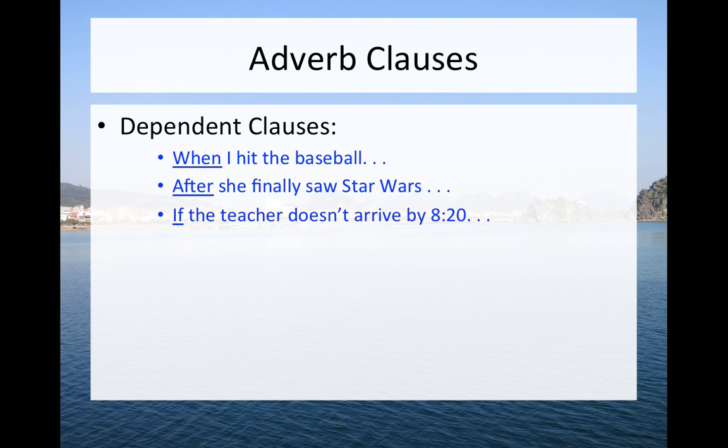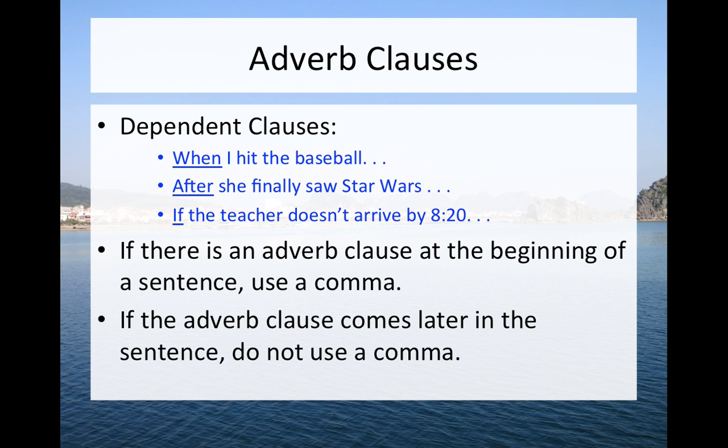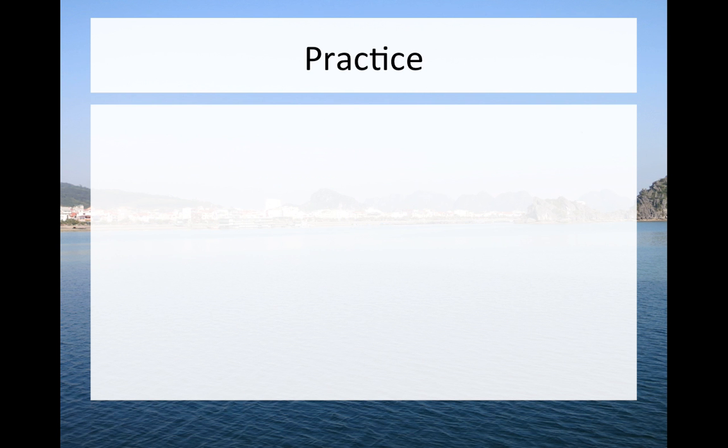Again, dependent clause starts off with a subordinating conjunction, if. So then let's go back to the rules earlier, having established what a dependent clause is and what an adverb clause is. Remember, if the adverb clause comes at the beginning of a sentence, we use the comma. But the adverb comes at the end of the sentence, we do not use a comma.